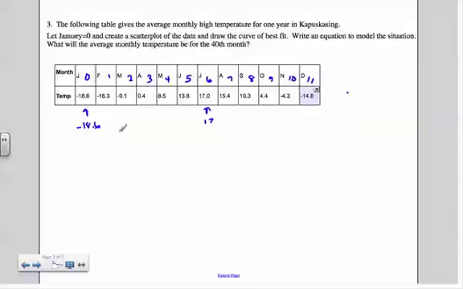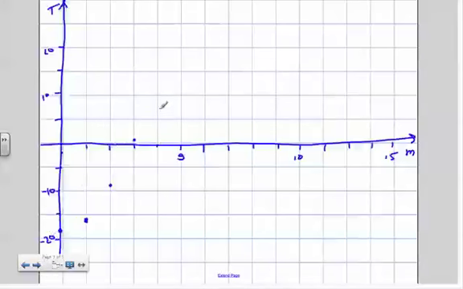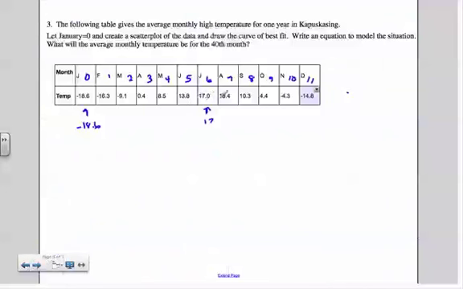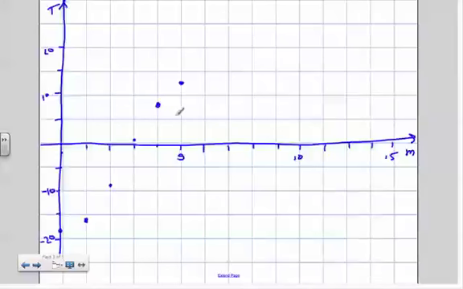My next two are 8.5 and 13.8. So 8.5, 13.8, 17 and 15.4.